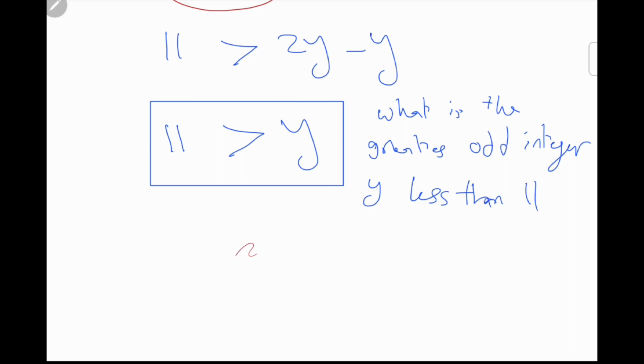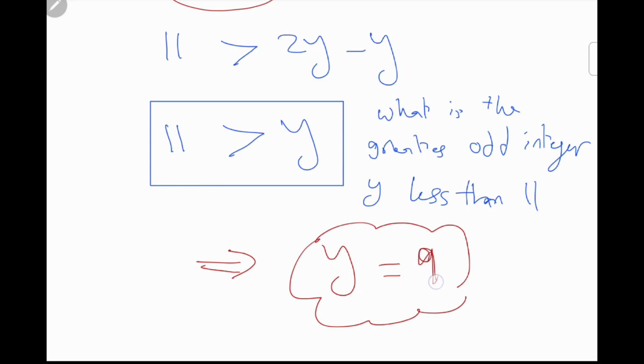The solution is y equal to 9. So 9 is the largest possible odd integer less than 11. And that's it.